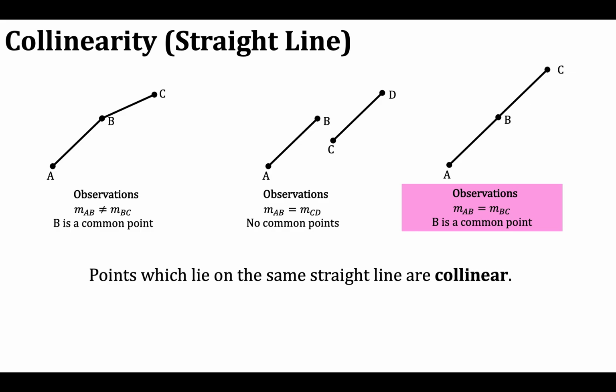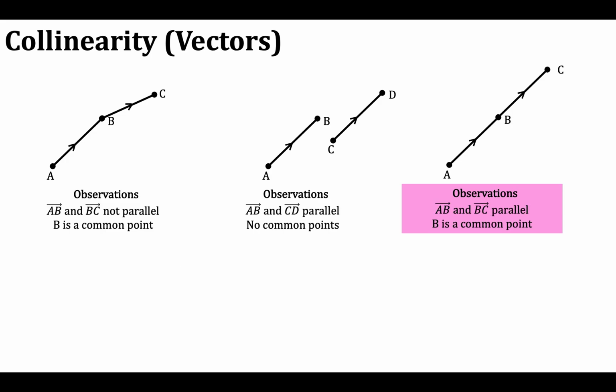Now, if we change this slide slightly so that we're now not dealing with straight lines, but we're dealing with vectors. So we can see from the first diagram here that we have a common point B, but looking at the vectors AB and BC, we can see that those are not parallel because they are going in different directions. So that is not an example of collinearity.